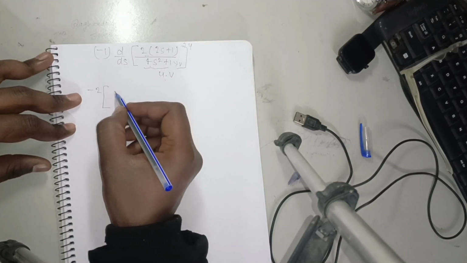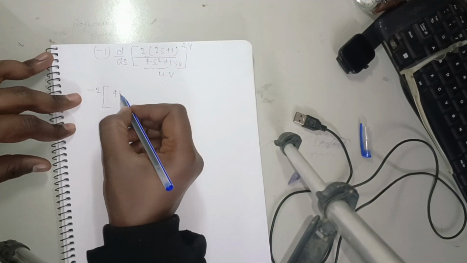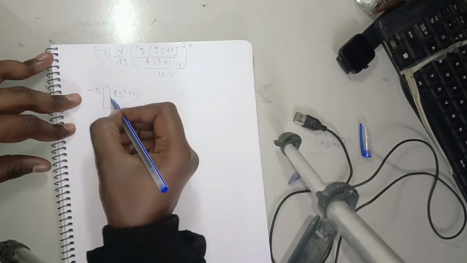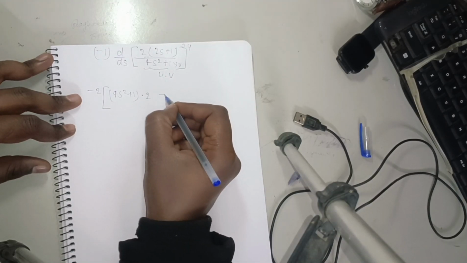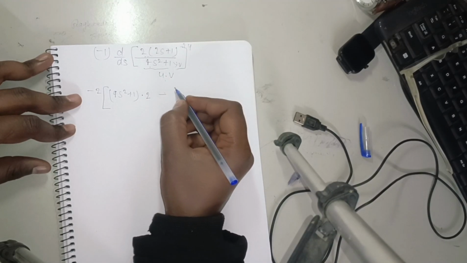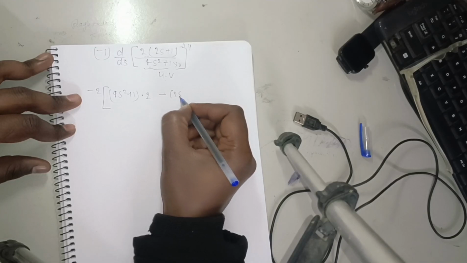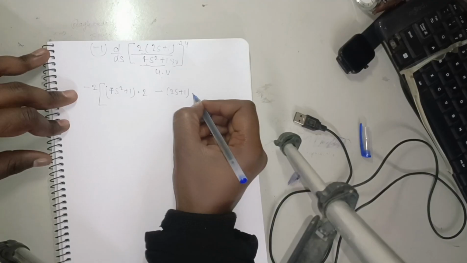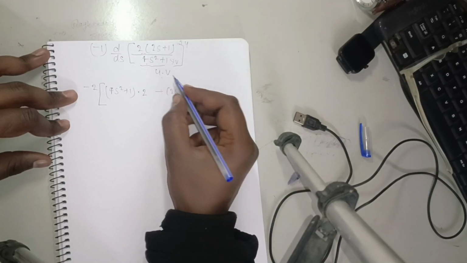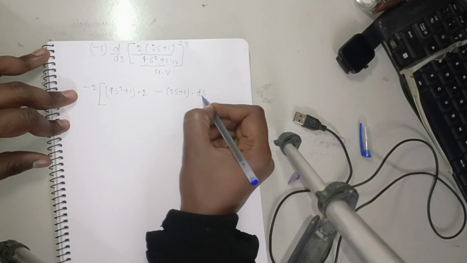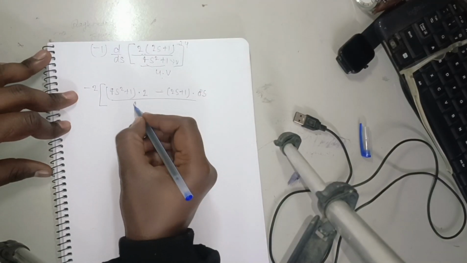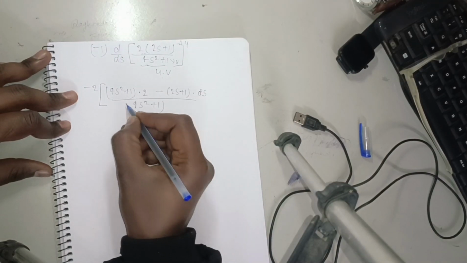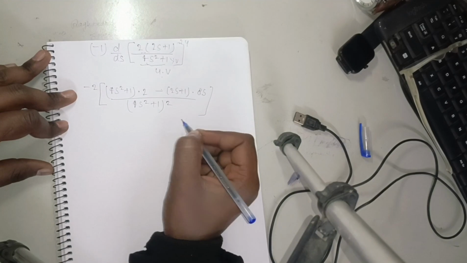Let's take v as 4s square plus 1, into the differentiation of 2s plus 1, minus 2s plus 1 into the differentiation of 4s square, which means 8s, and upon 4s square plus 1 whole square.